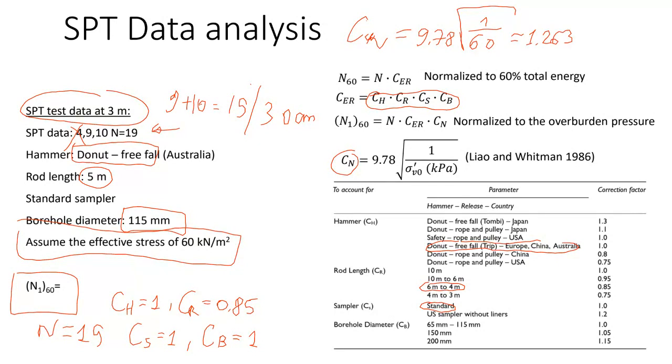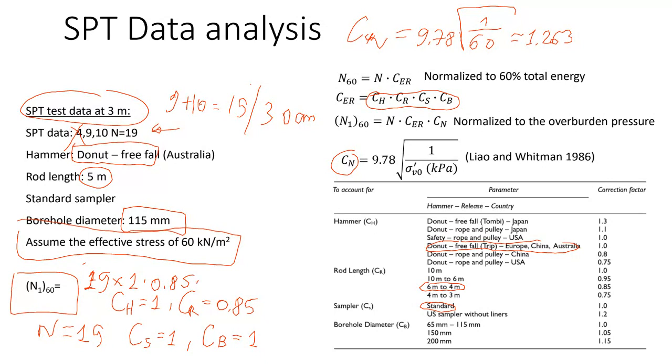So now we are going to find this N160. We have 19, which is the SPT number, times CH, which is 1, times here it's going to be 0.85.